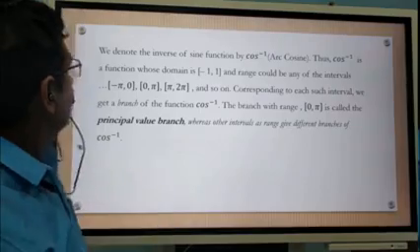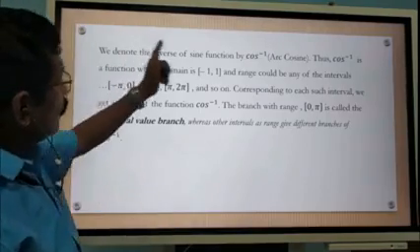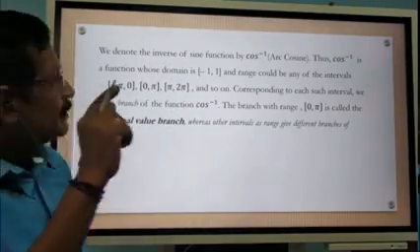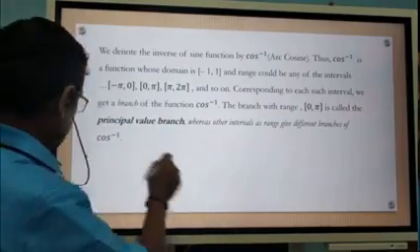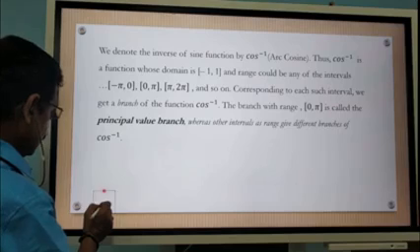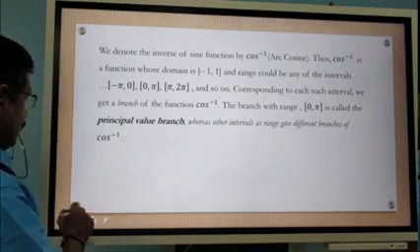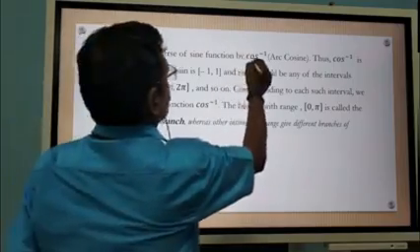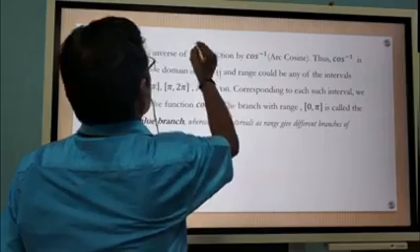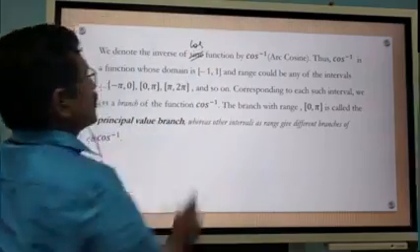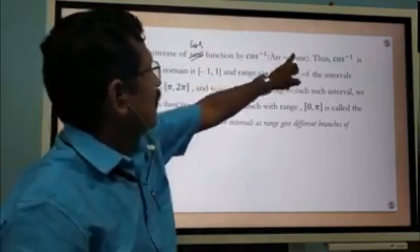Again, we denote the inverse of the sine function, sorry, the inverse of the cosine function. So there is a correction. This is not the sine function, it is cos. The inverse of the cos function is cos inverse, arc cosine.